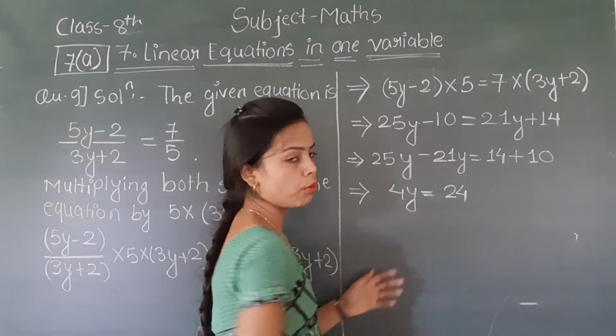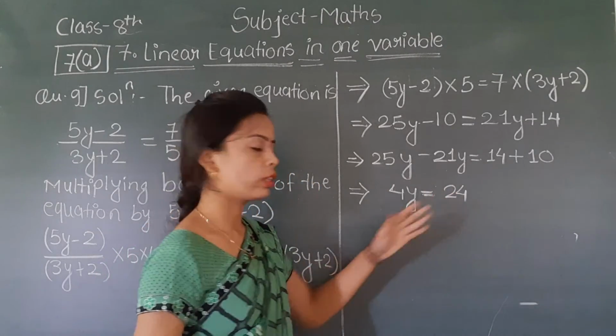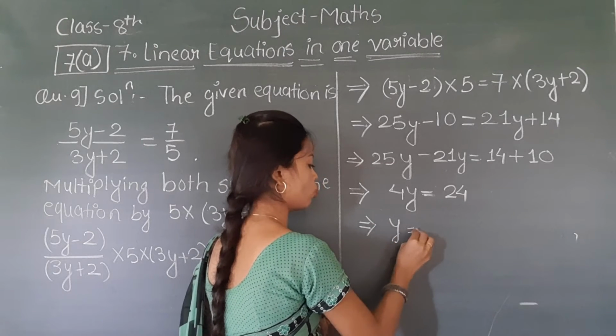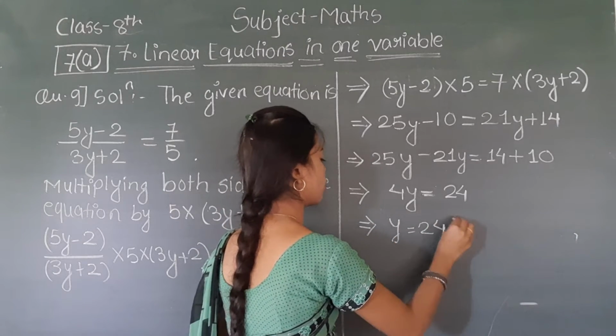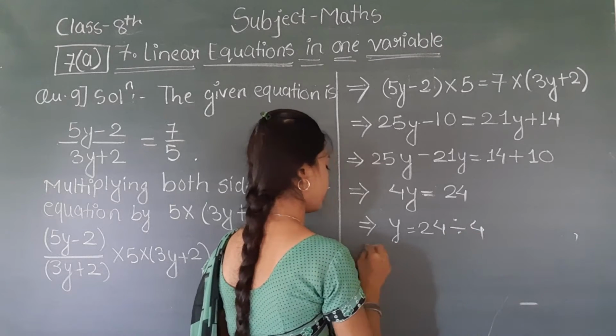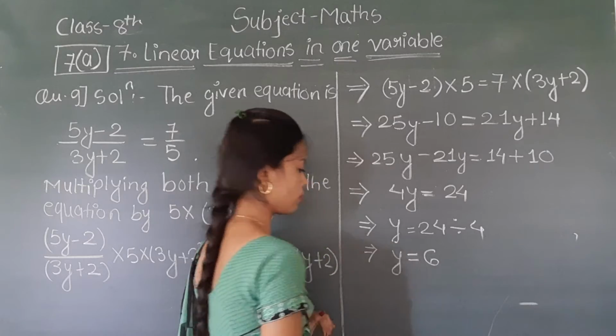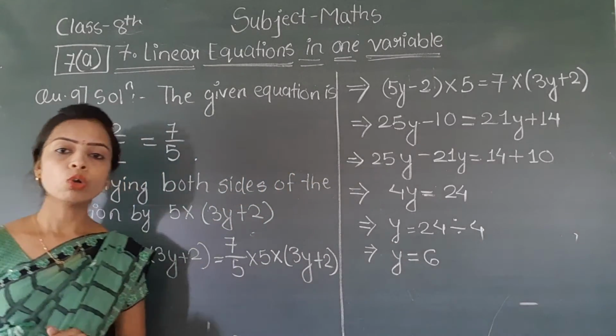Now 4 and y are in multiplication, so on the other side it becomes division. So y is equal to 24 divided by 4, so y is equal to 6.